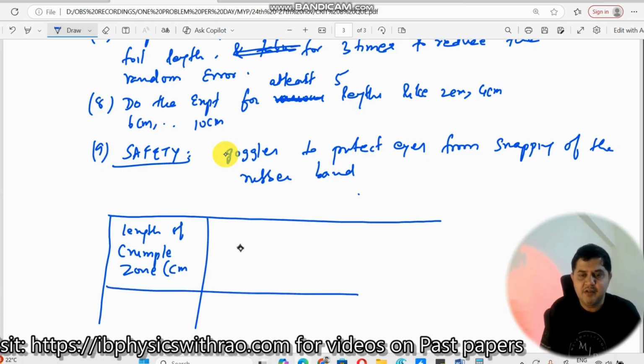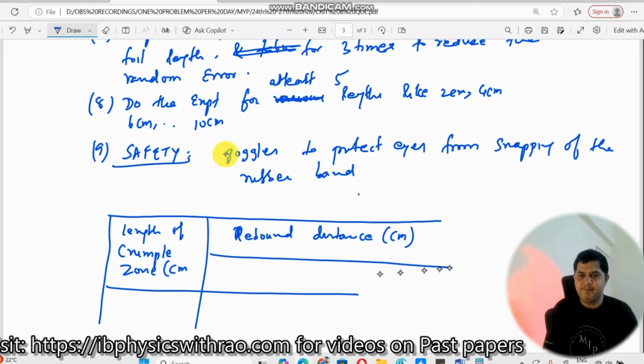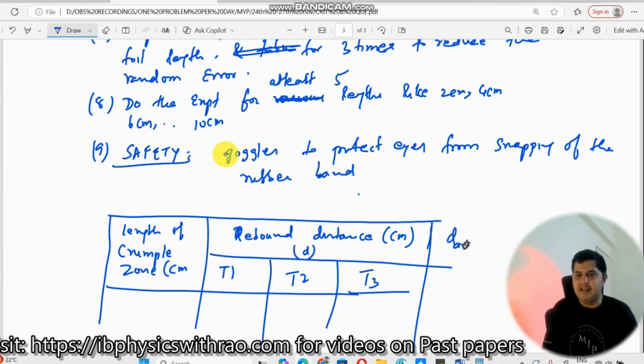Then you have rebound distance in centimeter: trial 1, trial 2, trial 3, and then let me say this is your D. Then D average in centimeter. That's it.